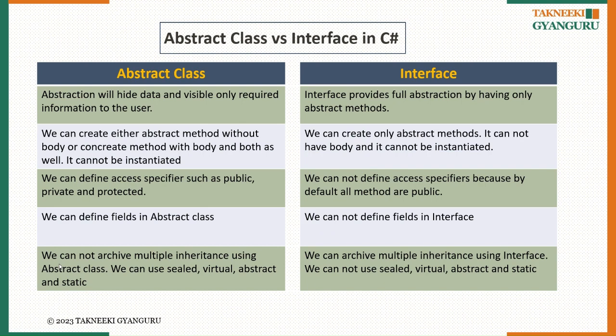That is not possible with abstract classes, but we can achieve multiple inheritance using interfaces, right? And we cannot use sealed, virtual, abstract, and static in an interface, but we can use sealed, virtual, abstract, and static in the abstract class. Now let's move to the next slide for more details.